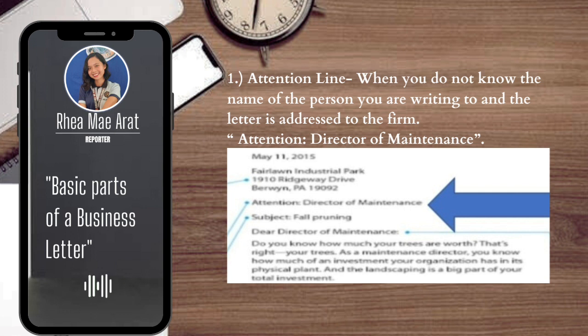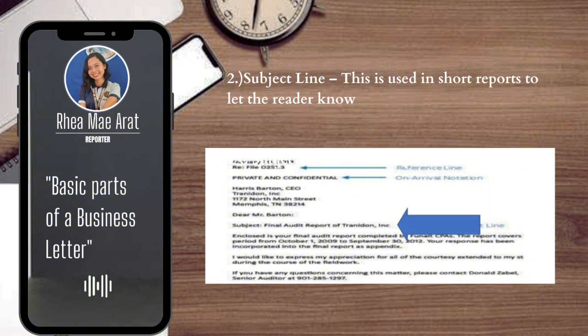The writer states first the word attention and then uses the colon and then writes the director of maintenance because the writer didn't know the name of the person he's writing to. That's why he used director of maintenance. He or she addressed it to the firm because he or she doesn't know the name of the person. Next one, we have the subject line.